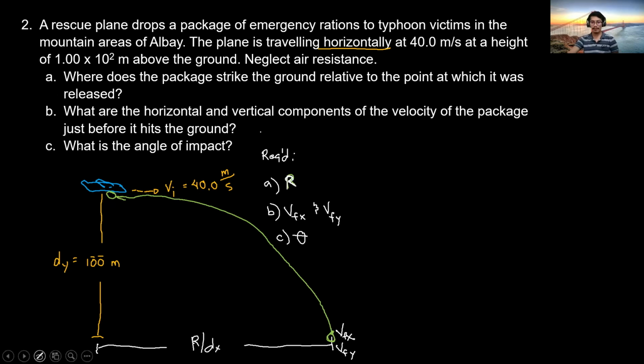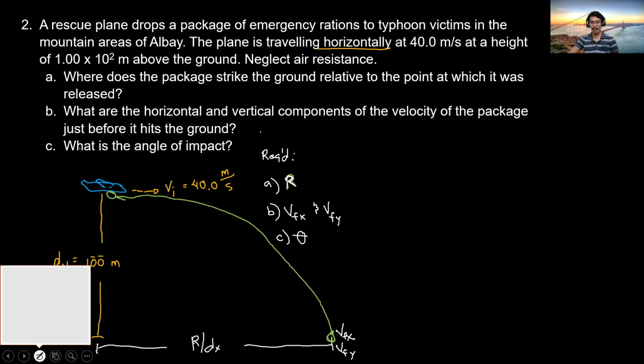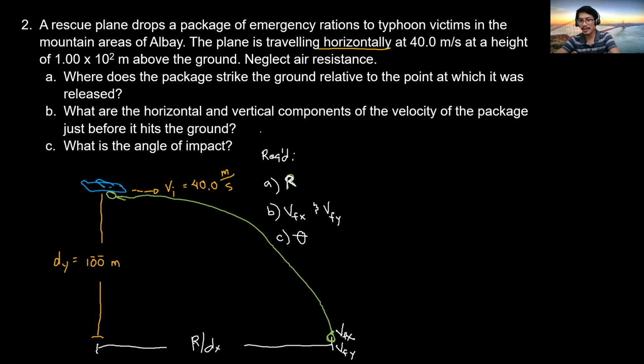So let's start with R. Ano yung formula natin for R? Remember, R is dx. Ang equation natin for dx is R is equal to Vix times the time. Remember, this is case 2. Di ba sa discussion natin last time, alam natin na Vix is equal to Vi, and Viy is equal to 0 meters per second.